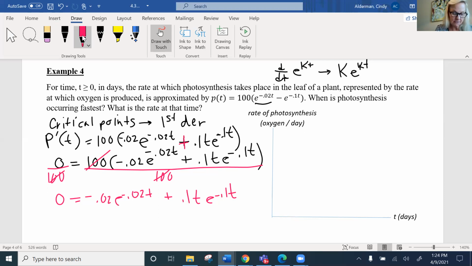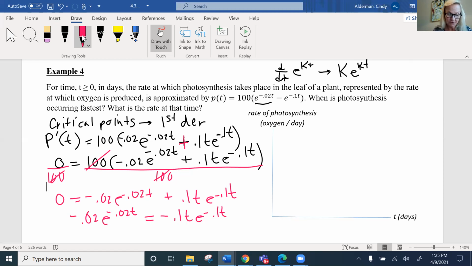From here, what I'm going to do is subtract 0.1te to the negative 0.1t and put it on the other side. So I'm going to leave this negative 0.02 e to the negative 0.02t and subtract it, so it would be negative 0.1t e to the negative 0.1t. Decimals are a pain, aren't they?